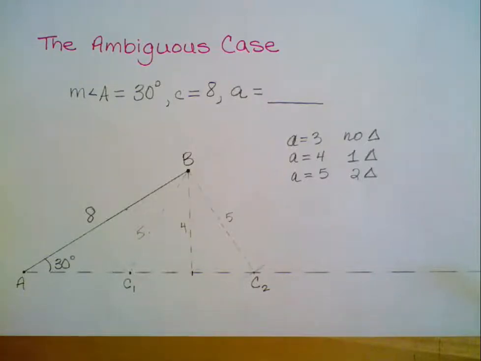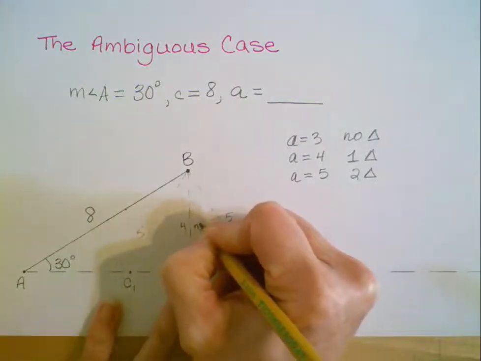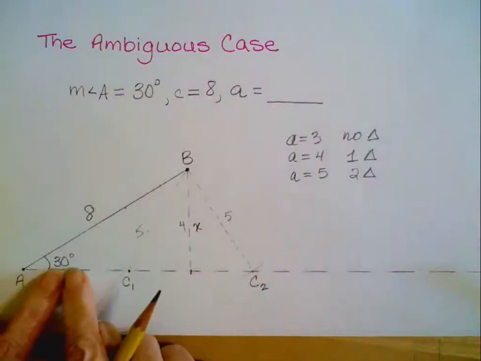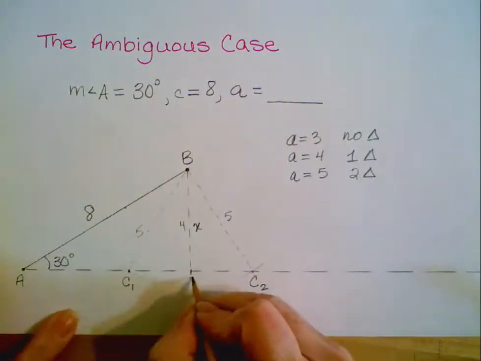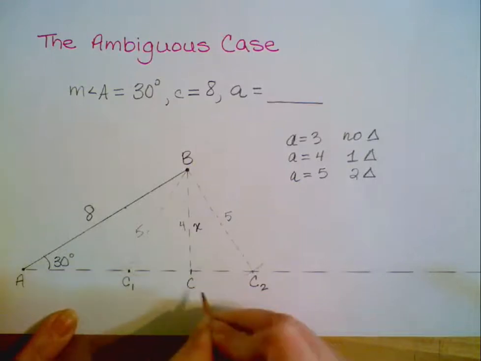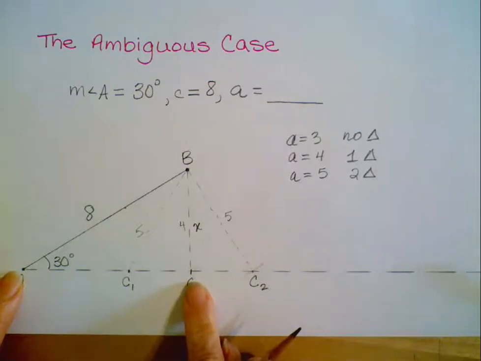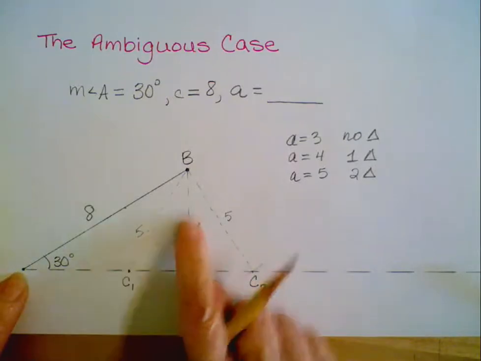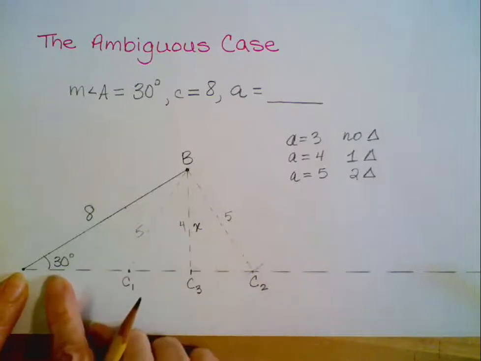Why did this length of 4 work? Well, let's go back to right triangle trig. Let's call this X for the moment. We know that side X, if I consider this A, B, let's call this point C sub 3. In triangle ABC sub 3, we know this side, BC3, which we called X, is opposite the 30.